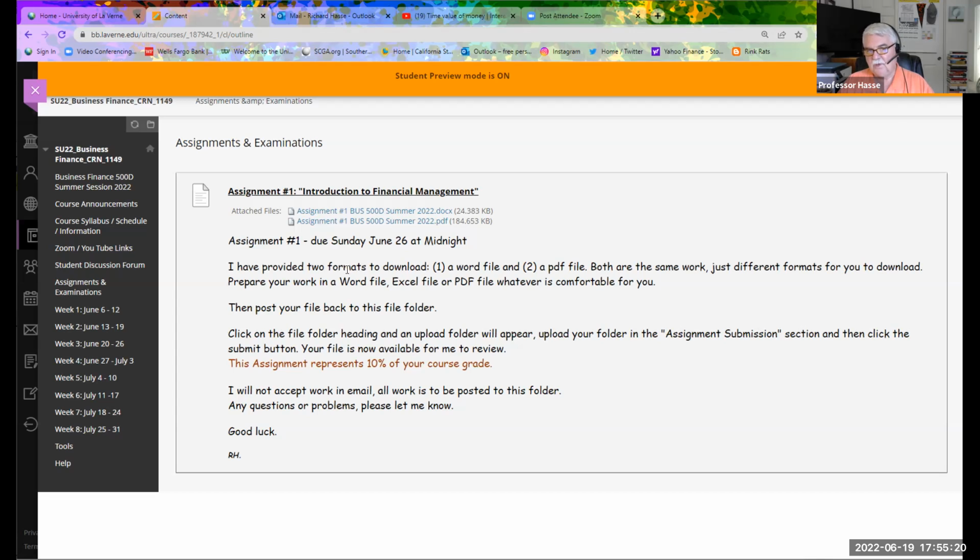Submit your work files back to this file folder and I will return them next week with a grade on them. If you have any questions or concerns about how to load the files to Blackboard or anything about the assignments, please feel free to let me know.